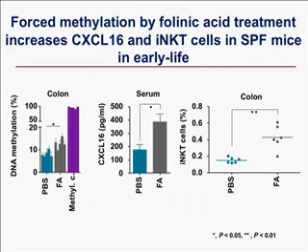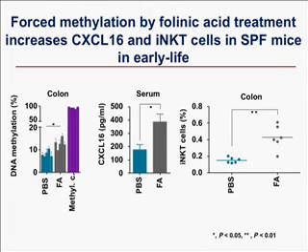And knowing this, we could start to play with the environmental signature, or the environmental cues. And so we could give very high dose folinic acid to a specific pathogen-free animal and force the methylation of CXCL16, force the expression of CXCL16, and force the infiltration of the colon with NKT cells.